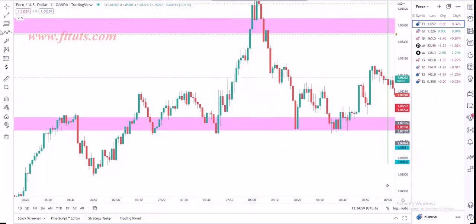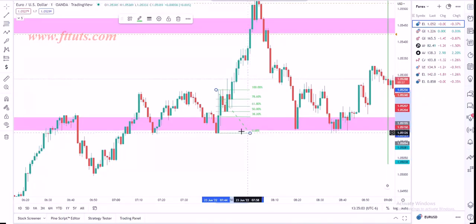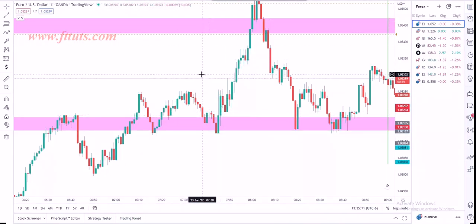There's just so much receding wick on the candle, like 60% of the candle is receded wick. And so I tend to not take these trades. Have I ever taken the trades? Yeah, if I'm feeling really aggressive or it fits my risk appetite, but I will usually stay away from these trades.